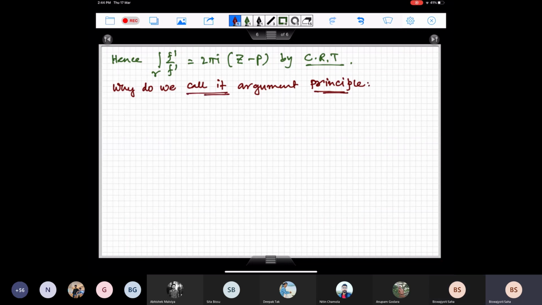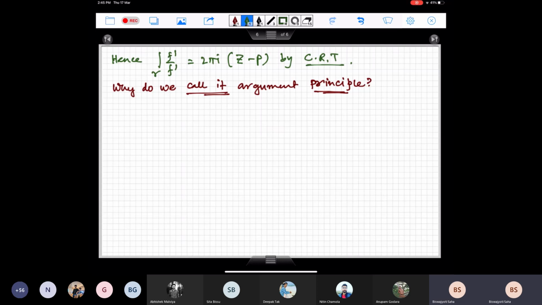Like I have already told you, f prime upon f is called the logarithmic derivative. That means you need to take the log of f. Of course, f should not vanish, only then can you take the log. And then the derivative of log of f is f prime upon f.